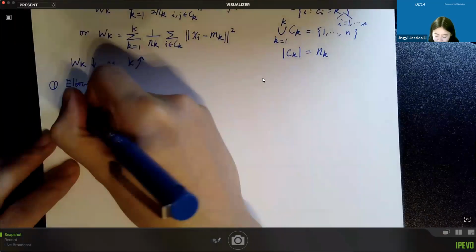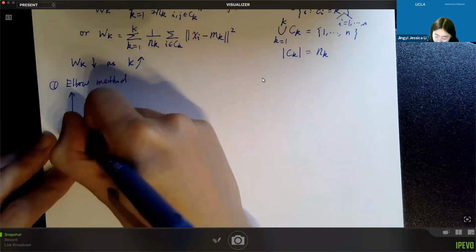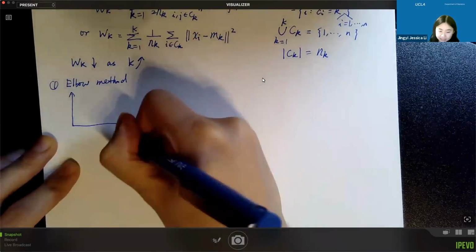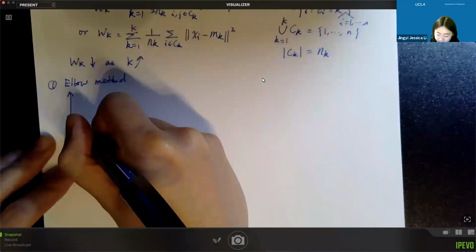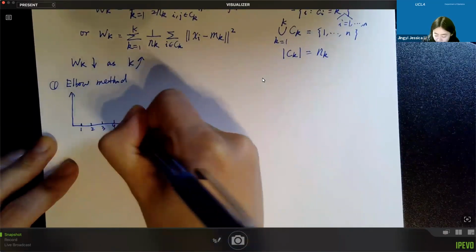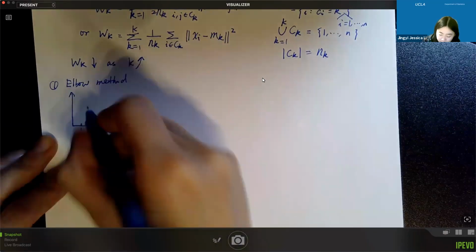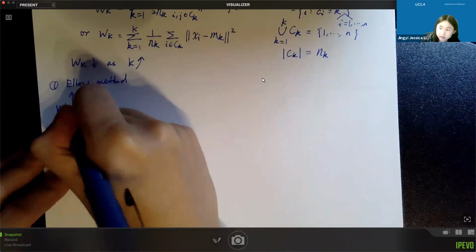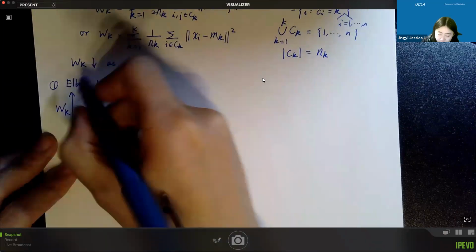What it means is that we simply make a plot with K on the x-axis. Of course, it's an integer, so we have 1, 2, 3, 4, 5, and so on. Then we plot the corresponding WK on the y-axis, and we track the trend.